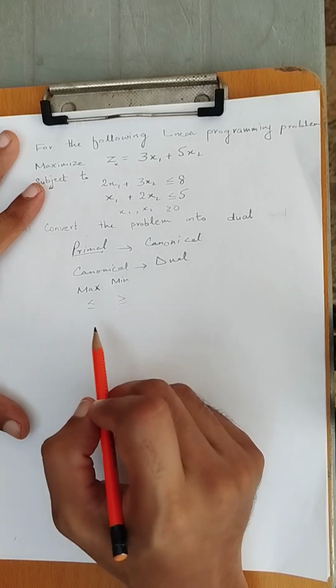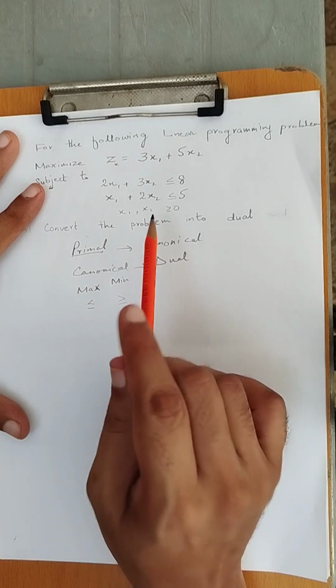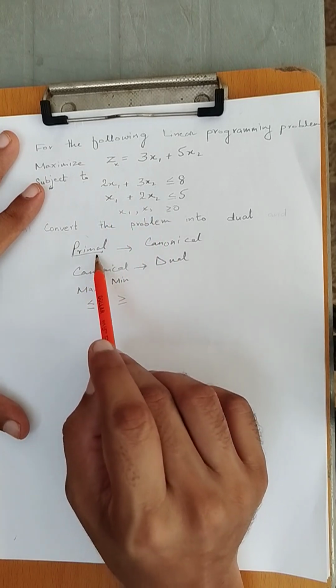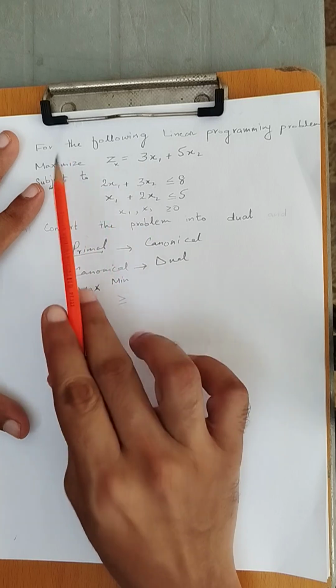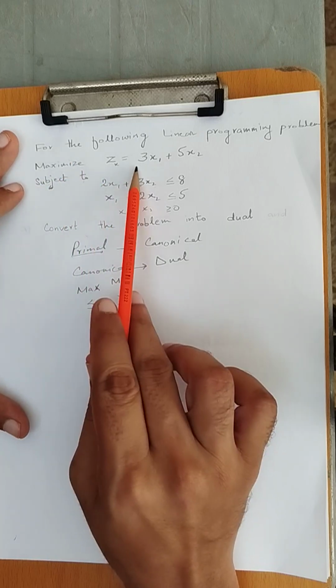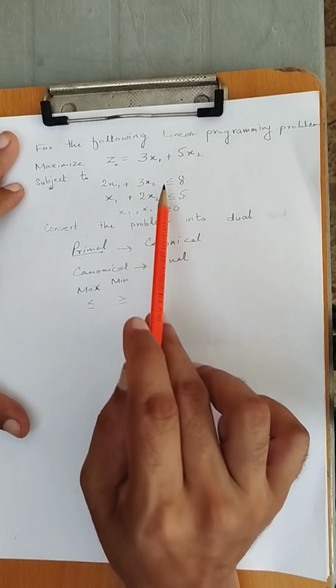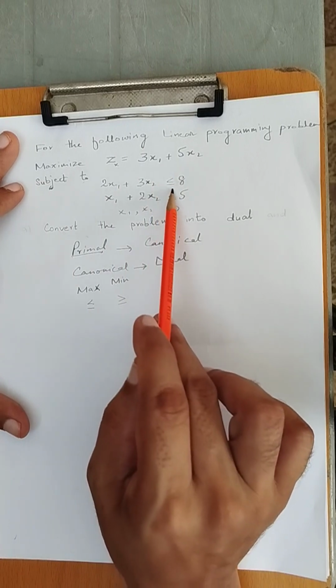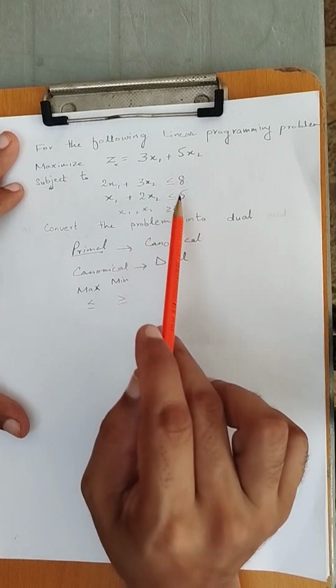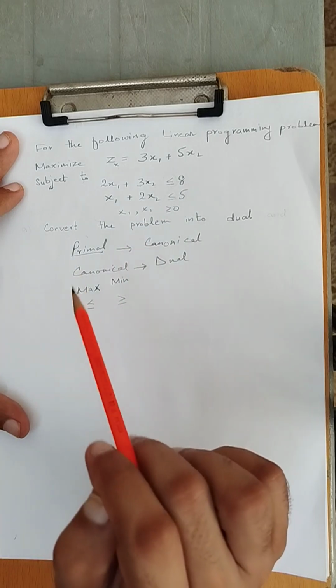I am repeating myself again: in the primal, whenever the objective function is maximization, the constraint inequalities must be less than or equal to.